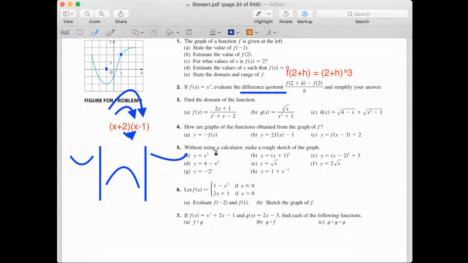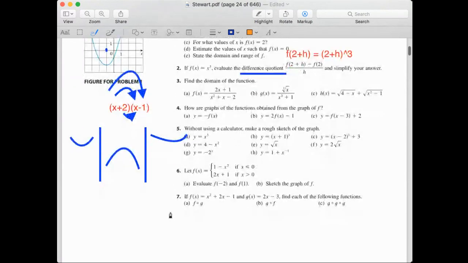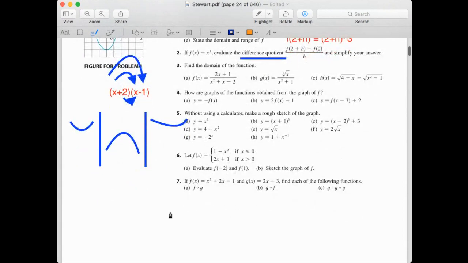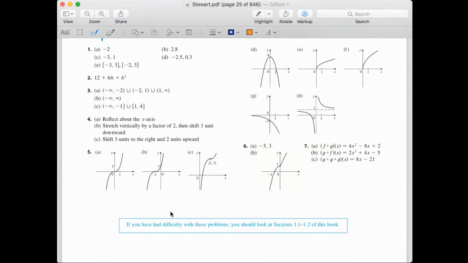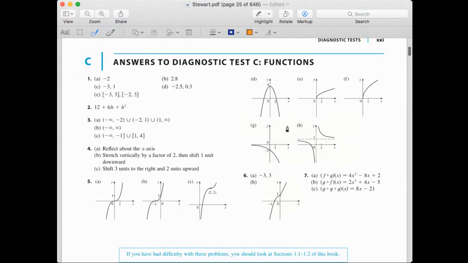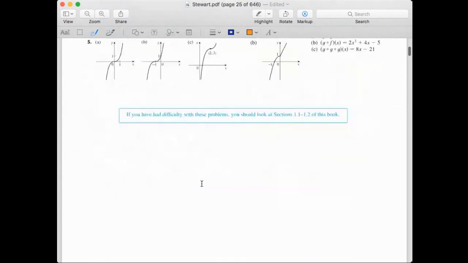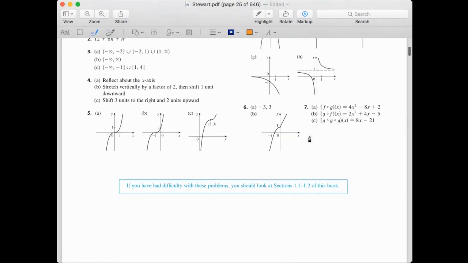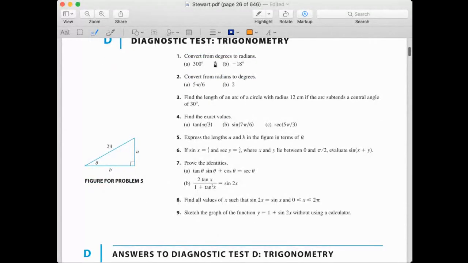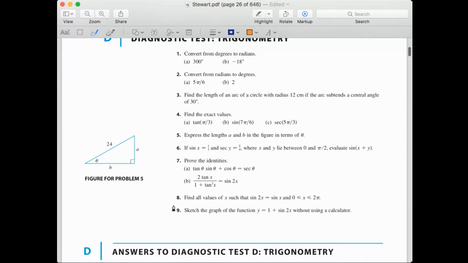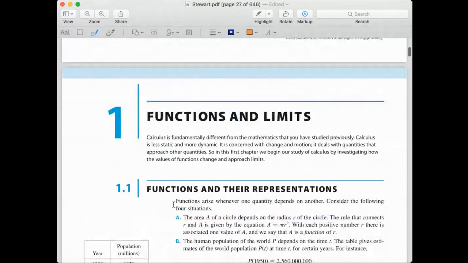But make sure you can graph log functions, trig functions, exponential functions, composition of functions, degrees and radians.